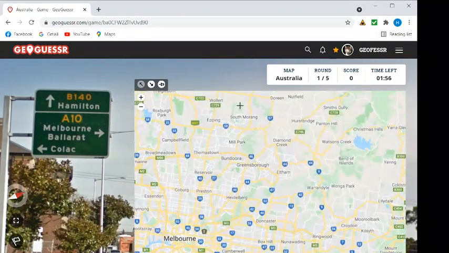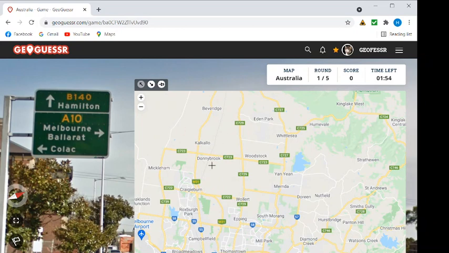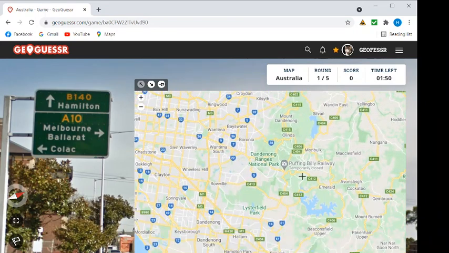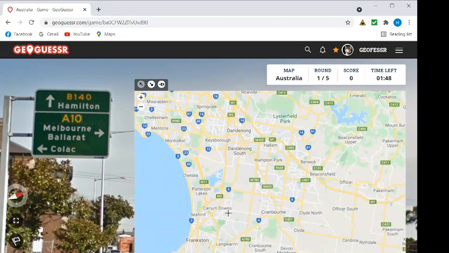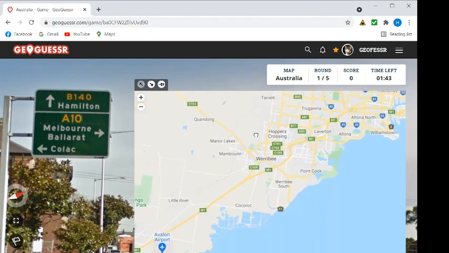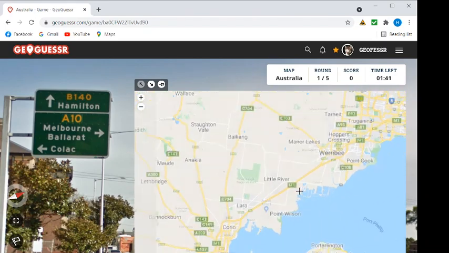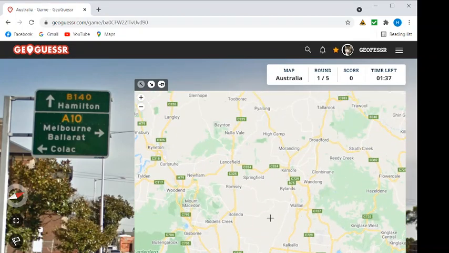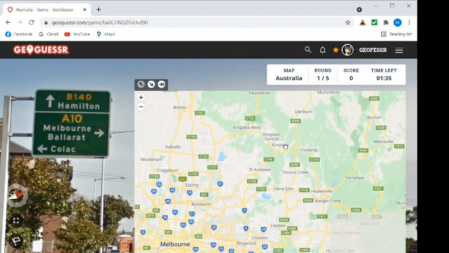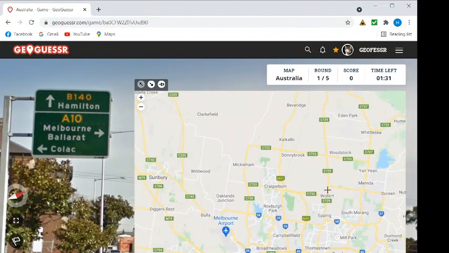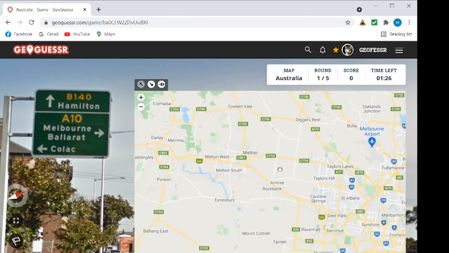A10 and B140. Yeah, there aren't a lot of B's on here. I know I've seen Colac before. I think it's not that far from Melbourne, but we have B140 and A10.